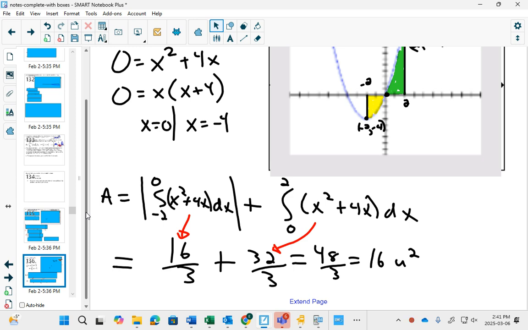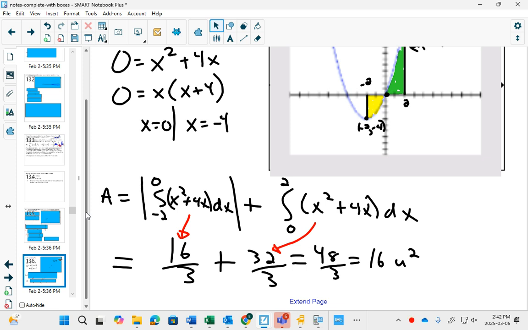If ever there's a question that asks us to find a definite integral from A to B, do we put like unit square even if it's not asking for area specifically? Oh, if you're finding a definite integral and there's no units given, they're never going to deduct for not having units.